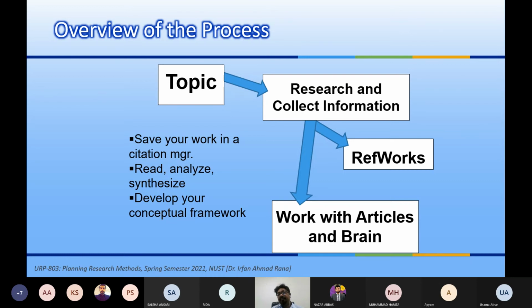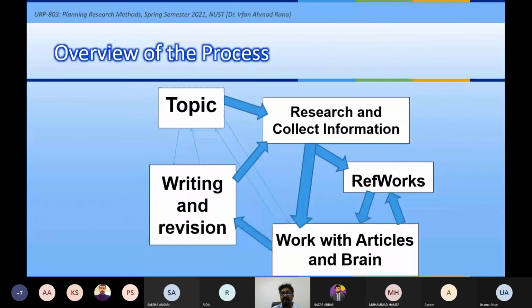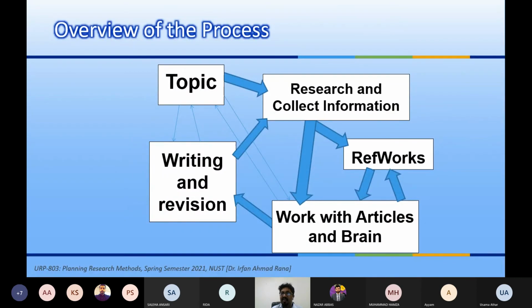Okay, then you need to work with your brain as well. You have downloaded the articles. Now you need to synthesize them. Now you need to read them. Use your brain. Then you need to write it. And once you're writing, you might be unclear about something. Okay, I've written this, I'm not sure. Then you need to go back to the original articles, read again, and then revise.